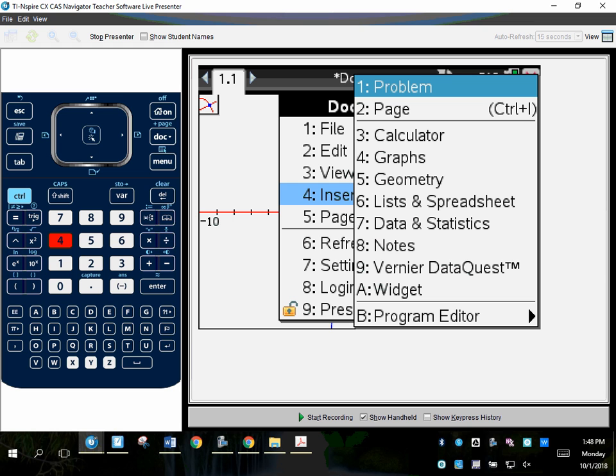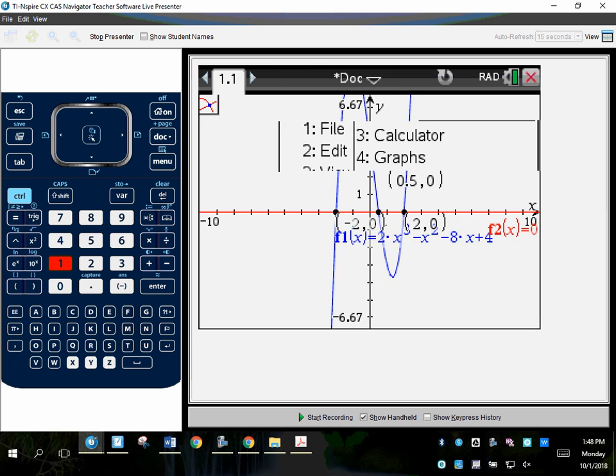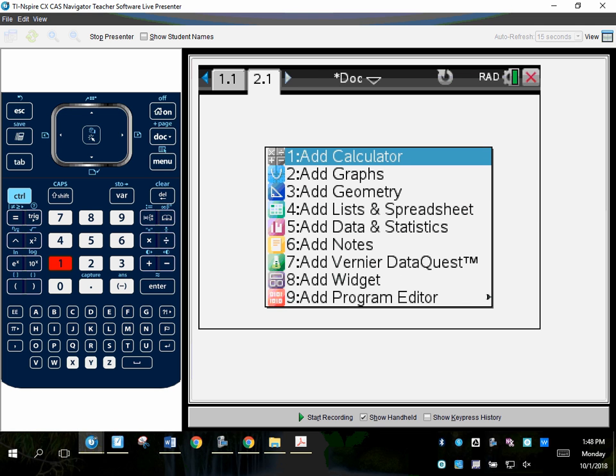Go down, new, let's try problem. If I'm wrong, it's page. I think it's problem. There we go. So see how now it's 2.1 instead of 1.2? That means that everything we do for this question should be in folders that start with a 2, if we're going to keep making documents as we go.